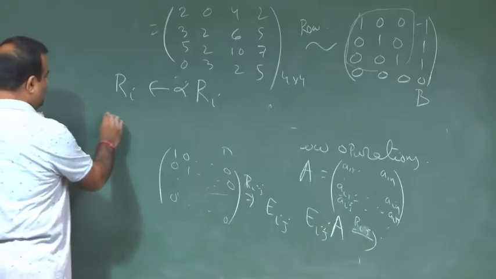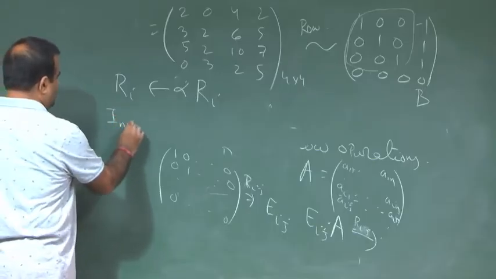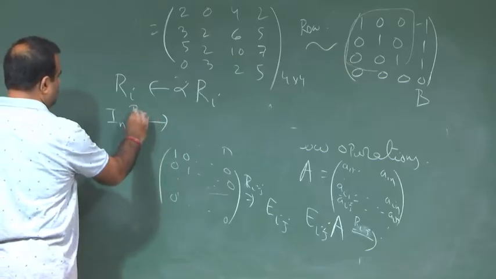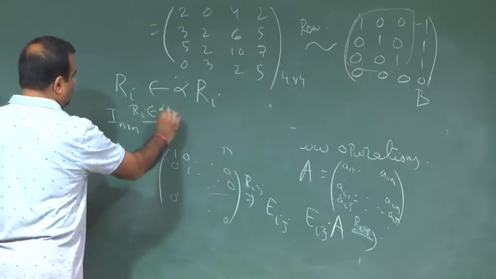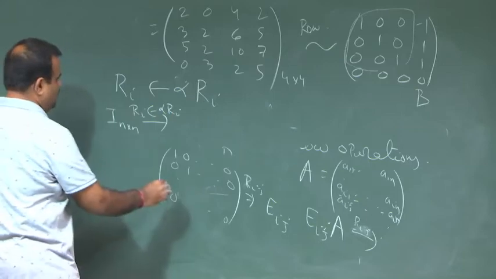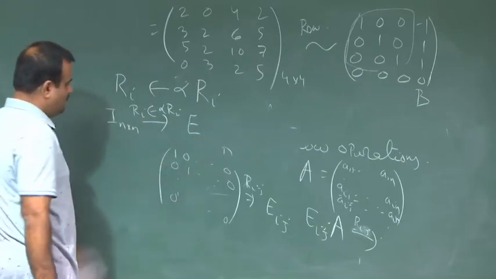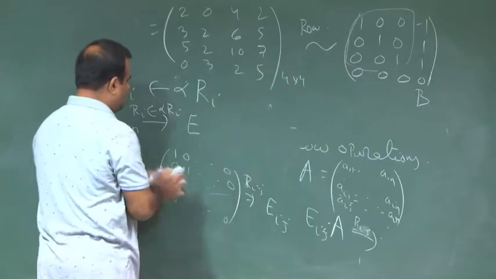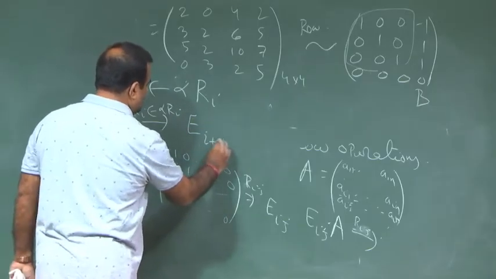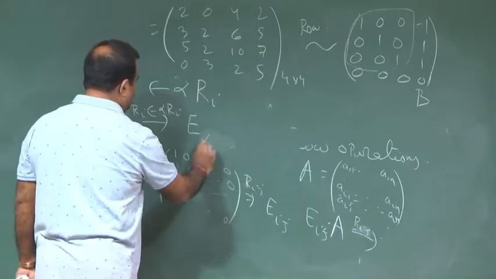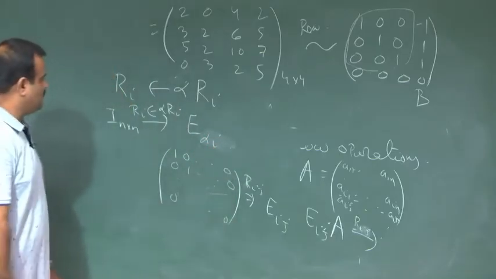We take the identity matrix E of size n by n, apply the row operation R_i going to alpha R_i on this identity matrix, and we get this E matrix. This is an elementary matrix, denoted by I with alpha in the ith position, since we are multiplying by alpha.